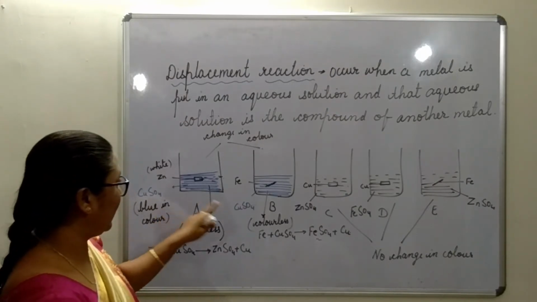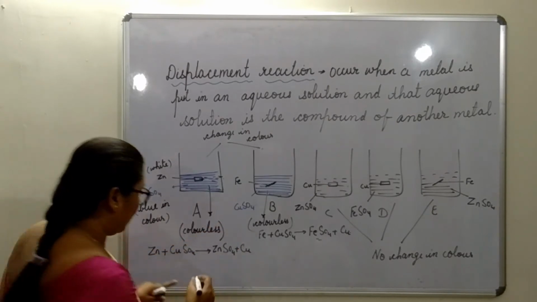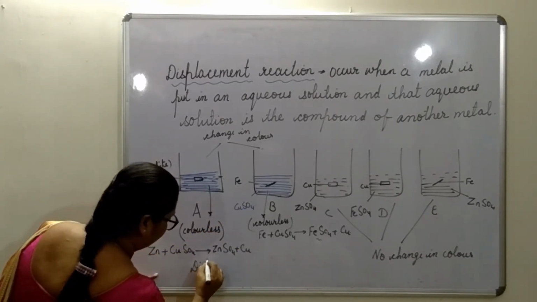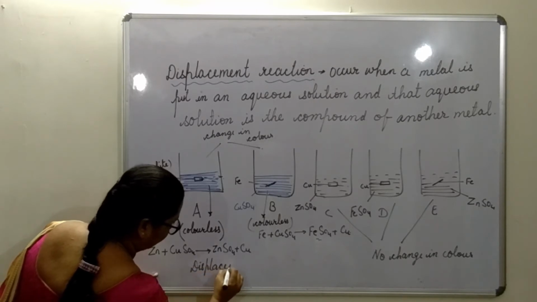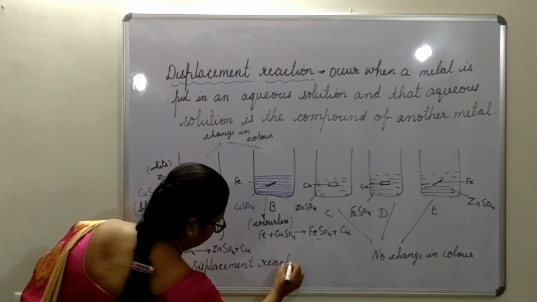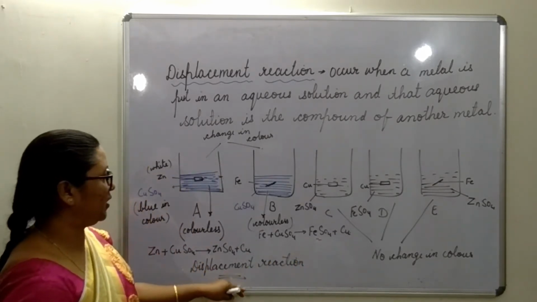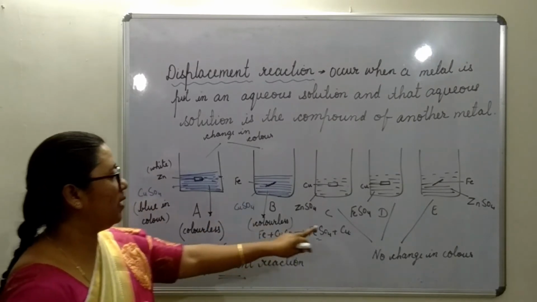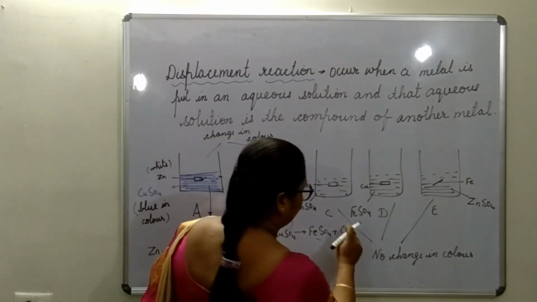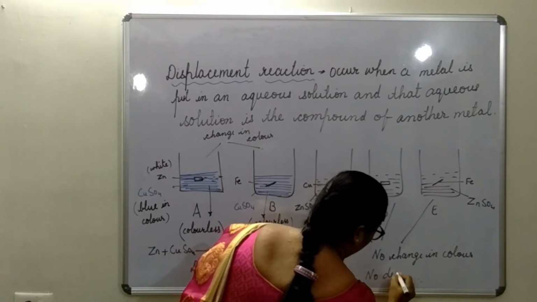So in beaker A and beaker B, we can see a displacement reaction, whereas in beakers C, D and E, no displacement reaction took place.